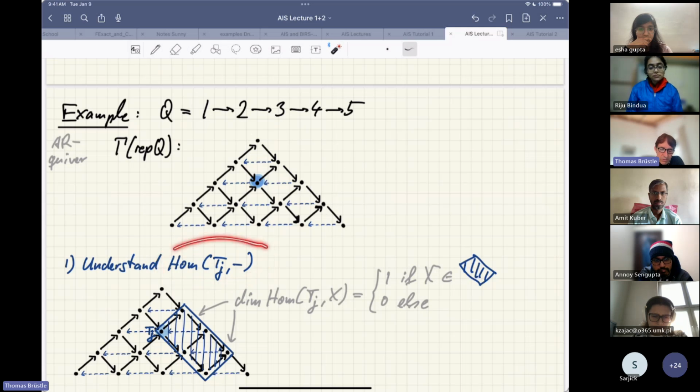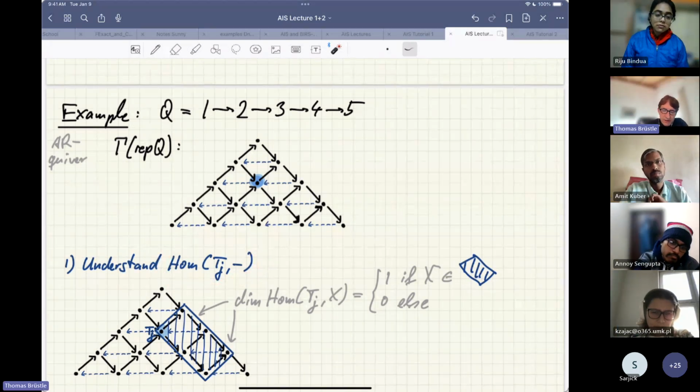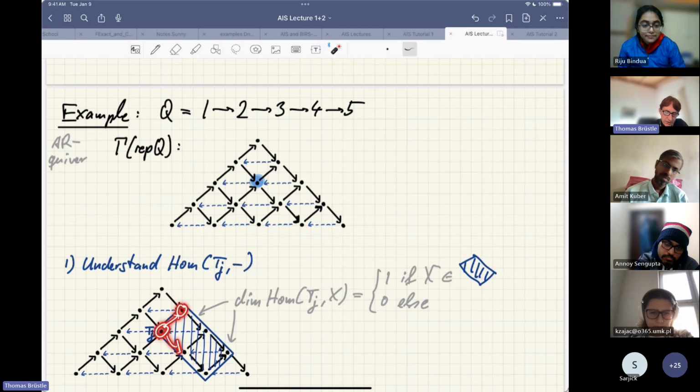So what are the non-zero morphisms from Tj in that shape of the Auslander-Reiten quiver? What I can observe is that Tj maps to itself. There's a morphism into here, there's a morphism into there.